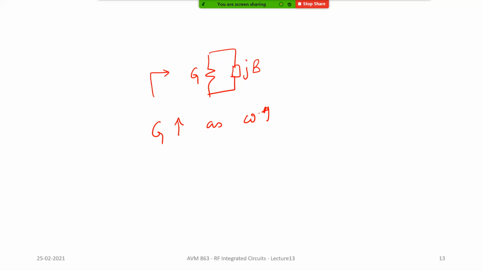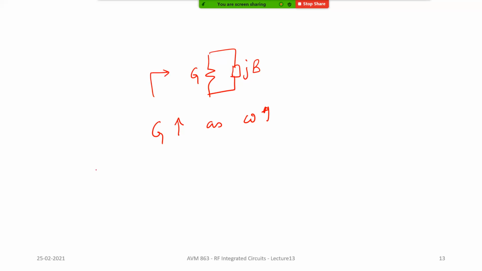In other words, what you are seeing is the input admittance is like a certain susceptance, plus jB part, and a certain conductance g. And this conductance starts increasing as omega increases. Okay, this is our conclusion.